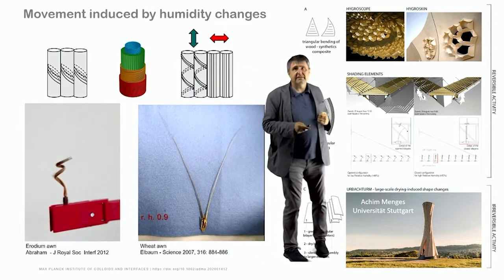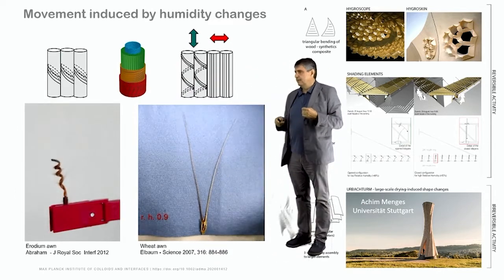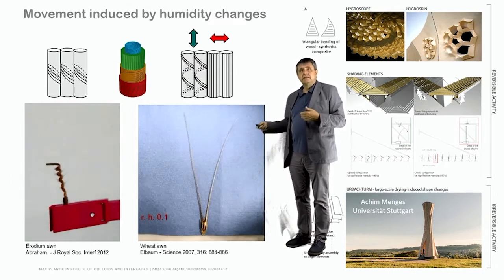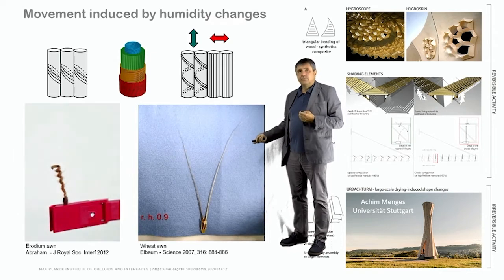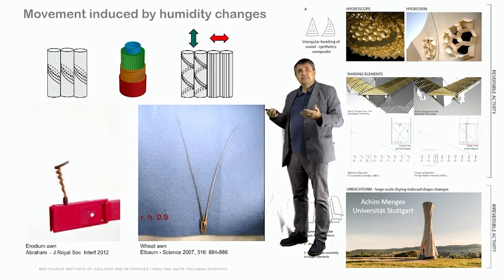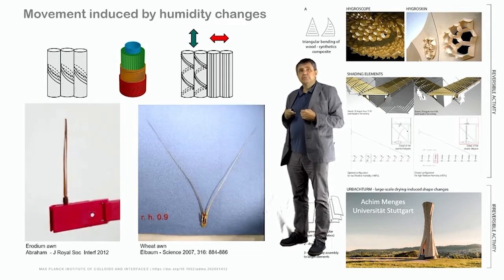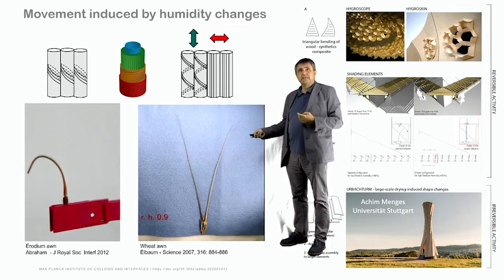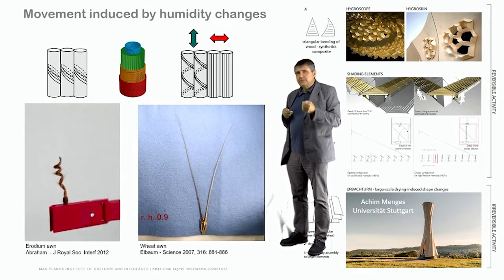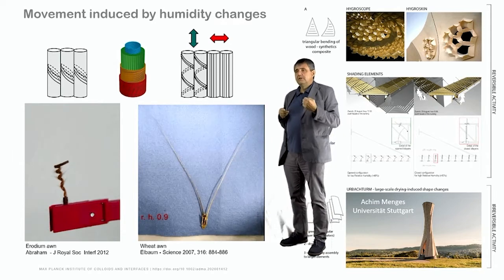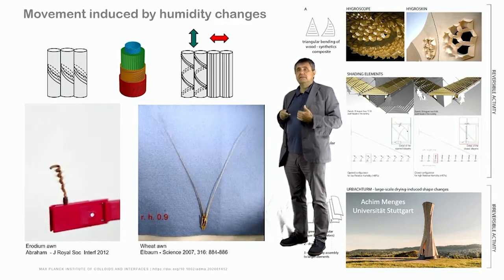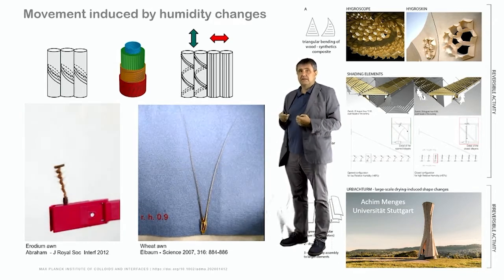Similar responsiveness exists in biogenic materials, and the examples shown here are the awns of the wheat and of some other grasses. And you see that we have different types of movement, the transformation of a stick into a spiral or a swimming movement. And all this movement is just due to an interaction with the environment and notably with the humidity of the air that surrounds the grass.